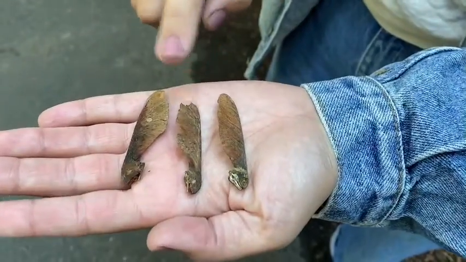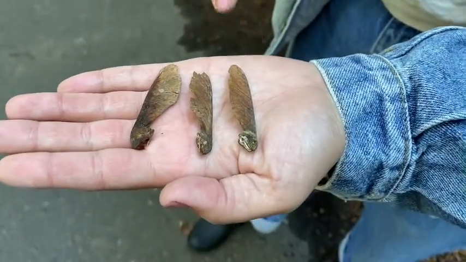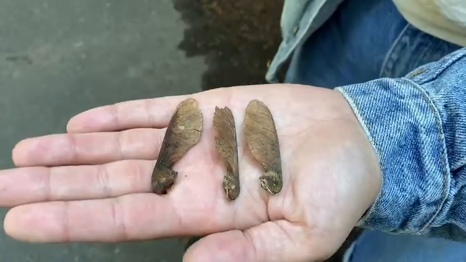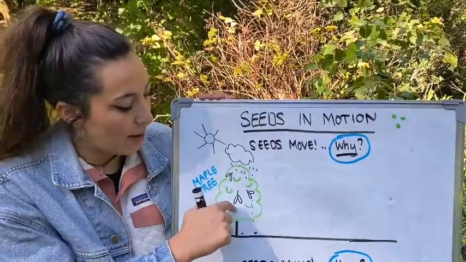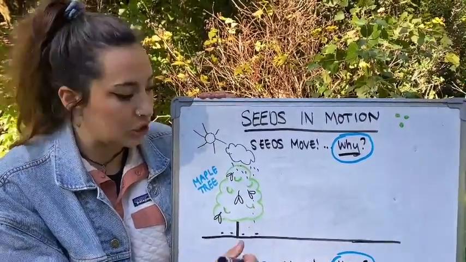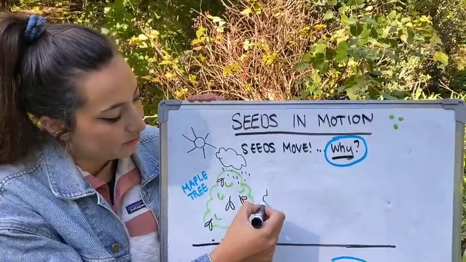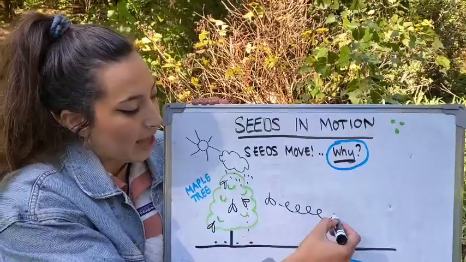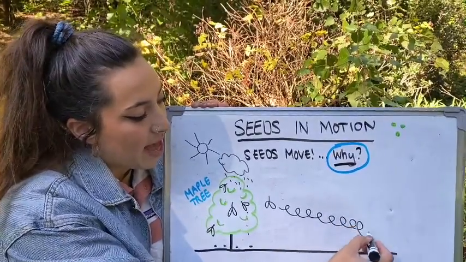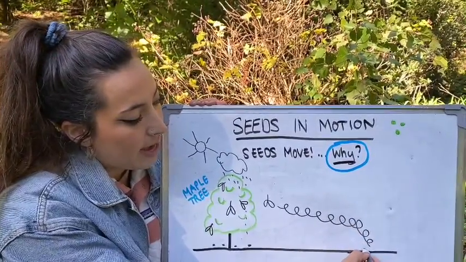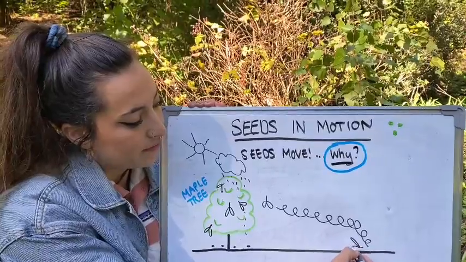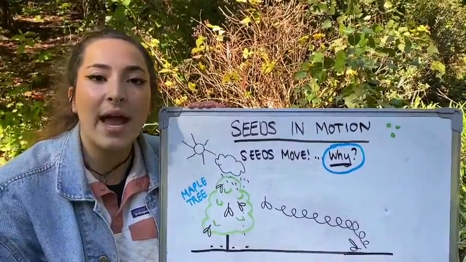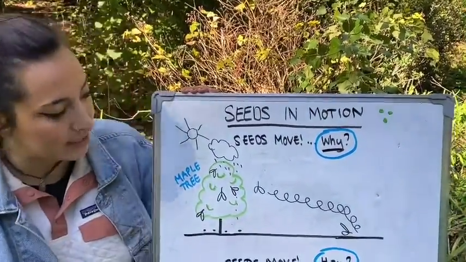Here are some maple seeds right here that I found. They have just one little wing on them. So when they drop off of their parent maple tree, they will start to fly through the air, and they look like a little helicopter, and they fly and float all the way to a totally different spot far away from their giant maple tree parent.